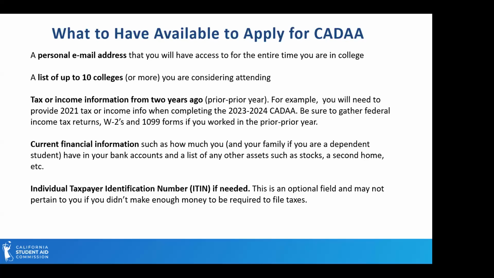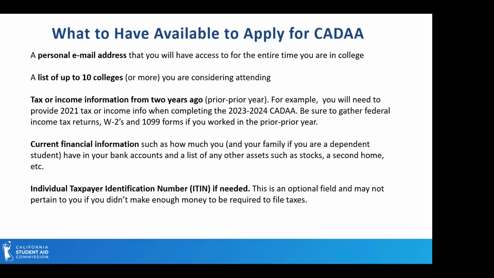Next, 3, which is tax or income information from 2 years prior, or sometimes you may have heard it called prior-prior year. Be sure that you have any income taxes, W-2s, 1099 forms that have your income information from 2 years prior, both student and parent.